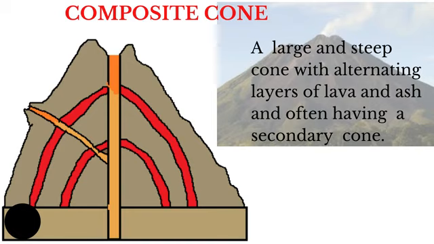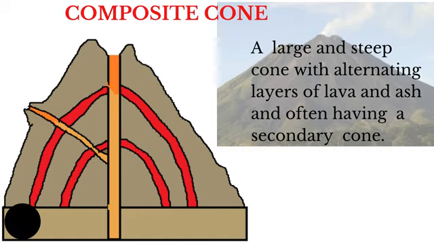Now, a composite cone, also called a strata volcano, is a large and steep cone with alternating layers of lava and ash. So, in one eruption period, the volcano may eject lava, and in the following eruption period, the material ejected may be ash.